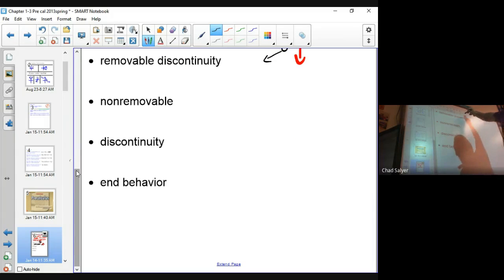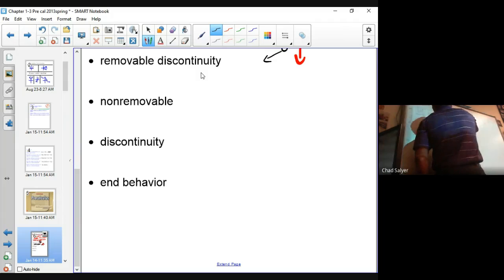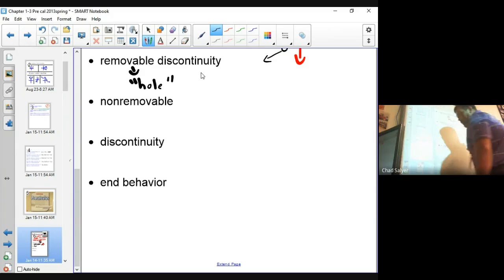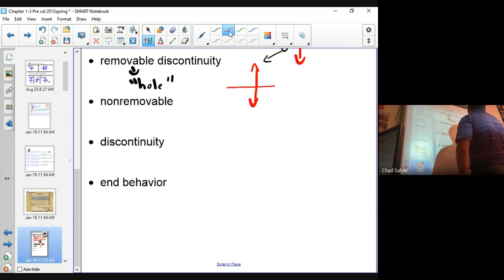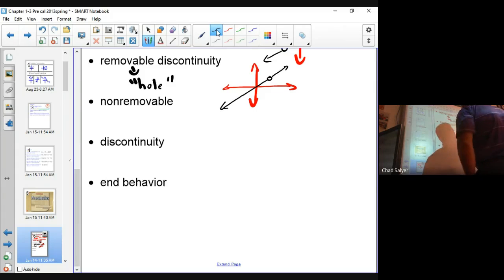Okay, removable type discontinuity. So this is also called a hole type, H-O-L-E, hole type. But it looks like this. So you have an otherwise continuous function and then an empty spot. And these are tricky because sometimes we'll graph them on a calculator and it's only a single pixel missing.